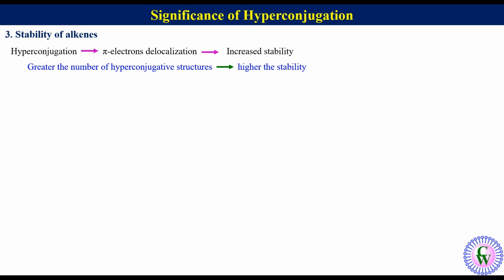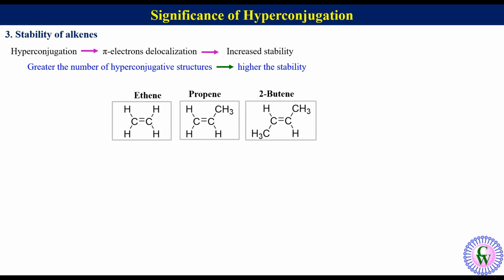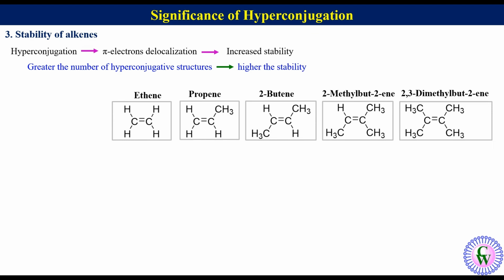For example, among ethene, propene, 2-butene, 2-methyl-2-butene and 2,3-dimethyl-2-butene, the number of hyperconjugative structures is 0, 3, 6, 9 and 12 respectively, as they have 0, 3, 6, 9 and 12 alpha hydrogens.